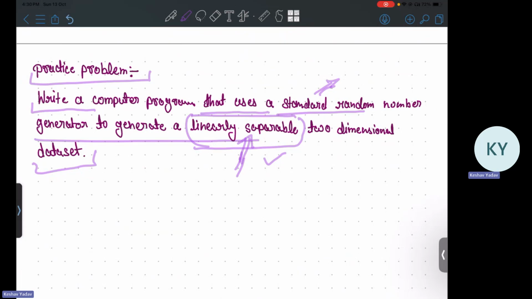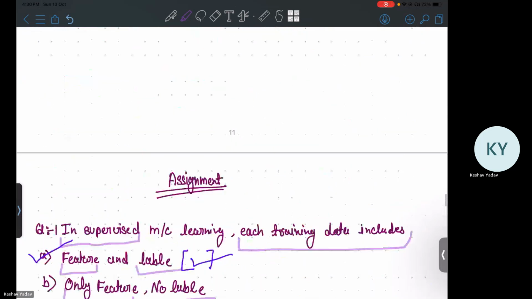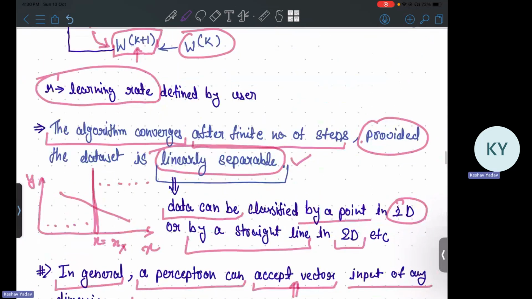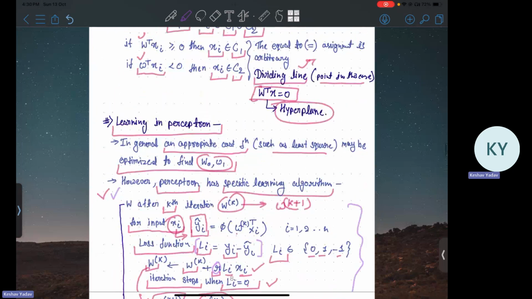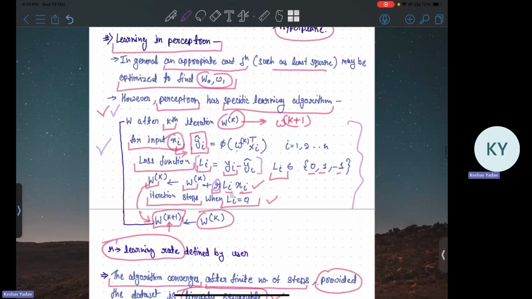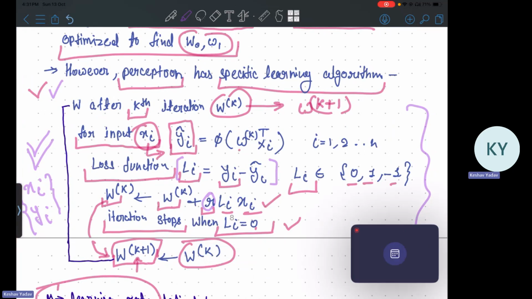Okay, so now we will try to write a computer program for this algorithm. So we'll use some xi and yi input data. So let me stop sharing from here.